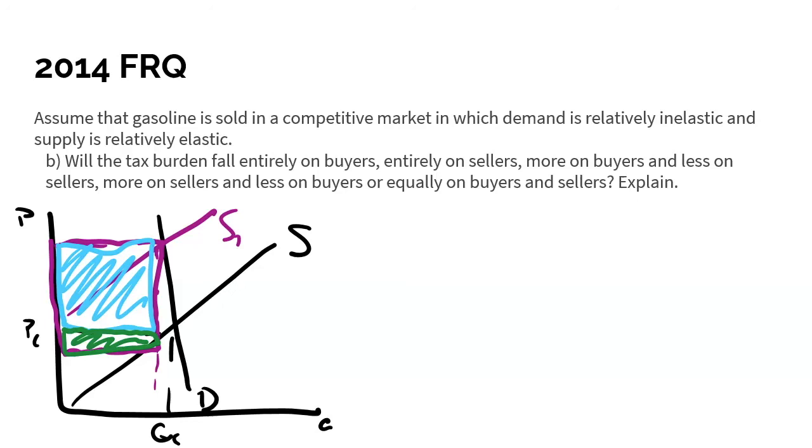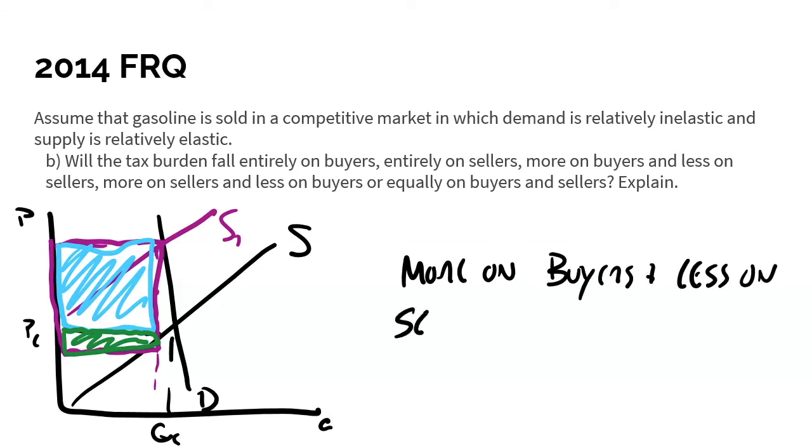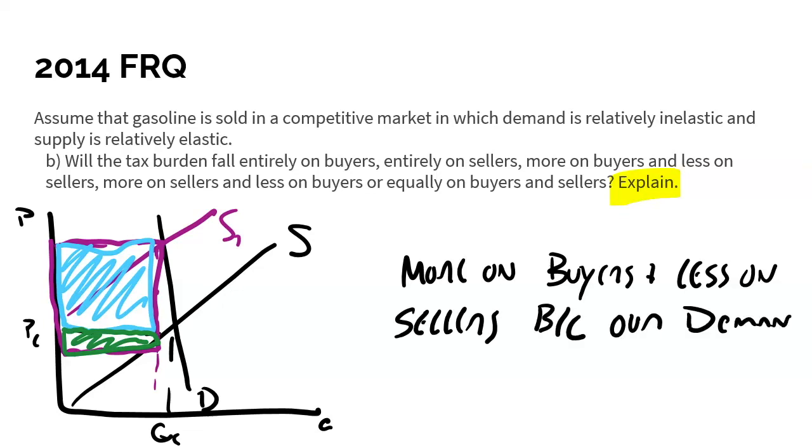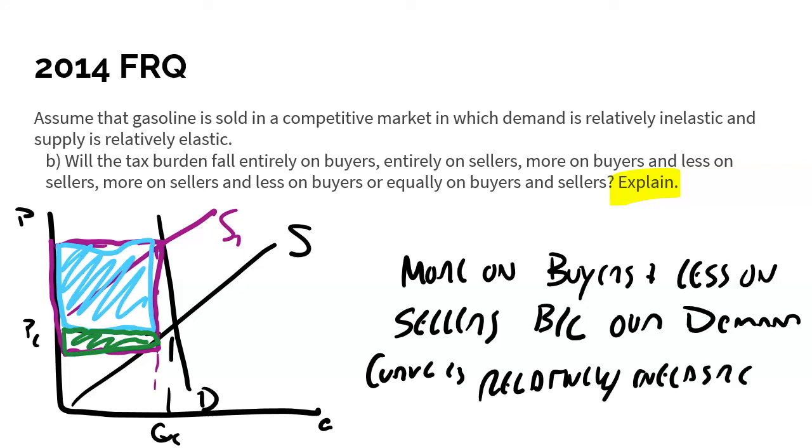Well, the tax burden ultimately lies more on buyers and less on sellers. And it asks us to explain, so we have to explain with our words why that is. It's because our demand curve is relatively inelastic, and that's a good enough explanation.